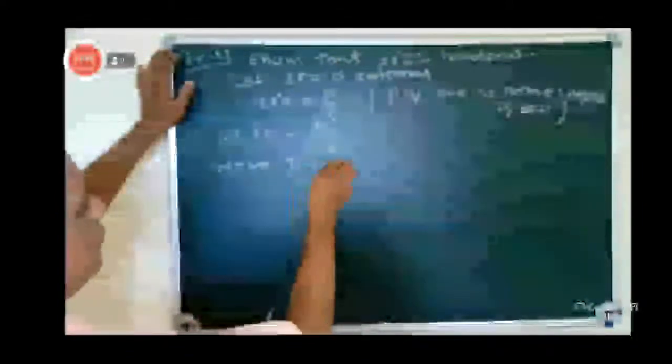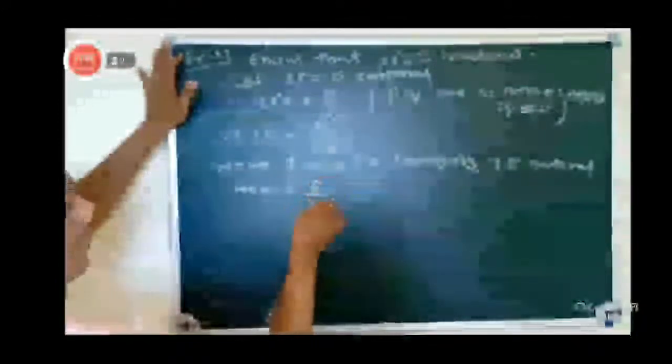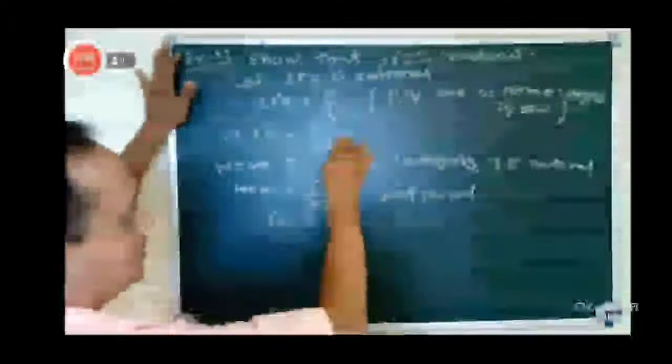Here p and q are integers, 3 is natural, hence p by 3q is rational. So root 2 is rational.